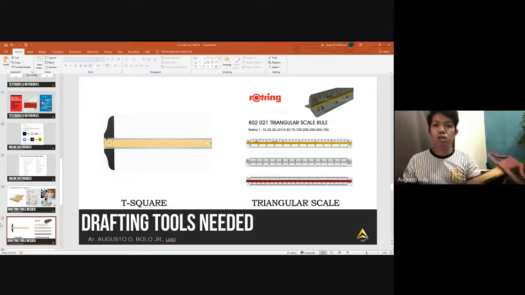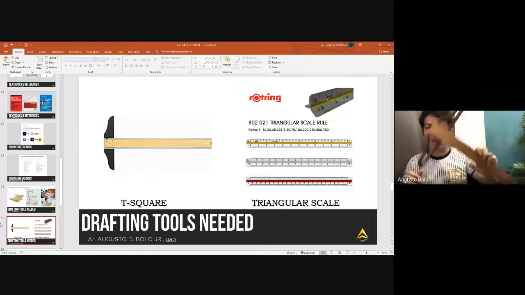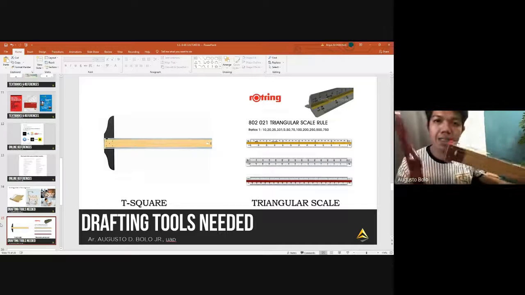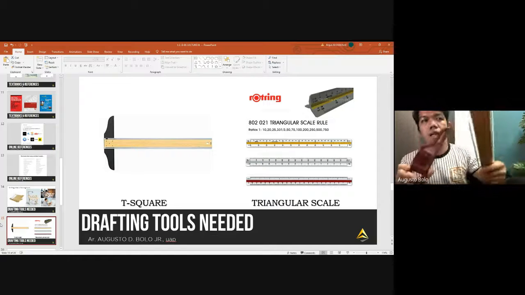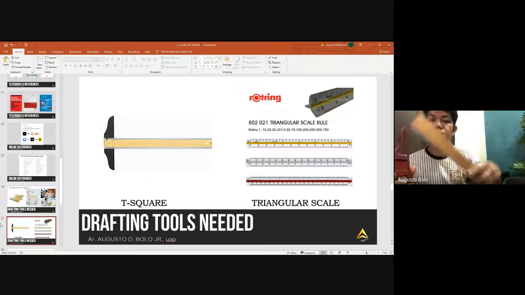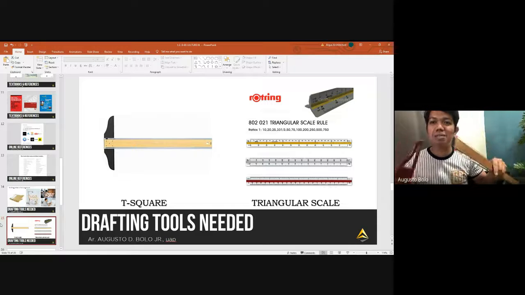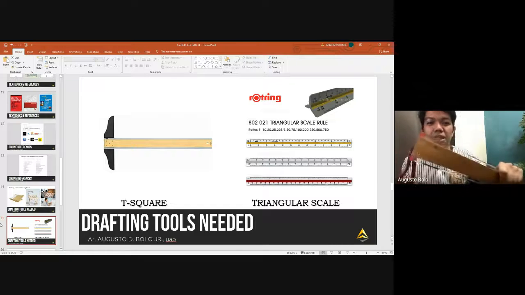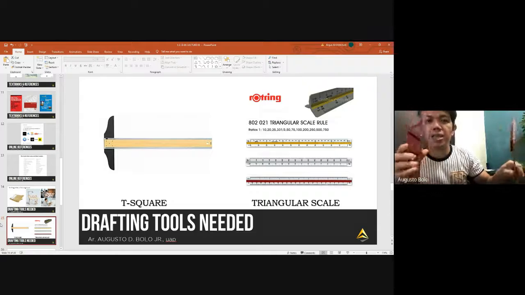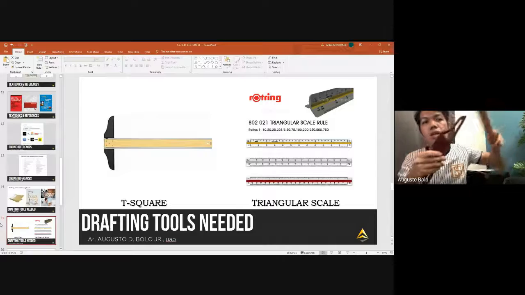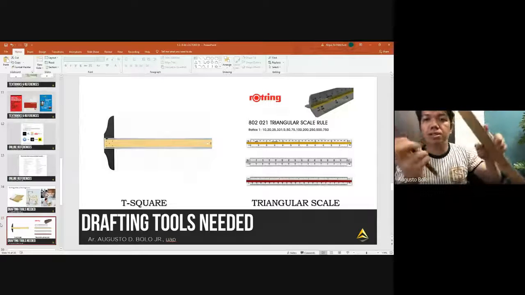This is an example of a T-square. Pansin nyo. So, this is portable since natatanggal siya. I'd like to demo. This one, brand nito is Rotring, but I am not advertising Rotring. I am not being paid for this. So, Rotring siya, and then the T, yung pig, has to be perpendicular to the table, being put na ini-insert.